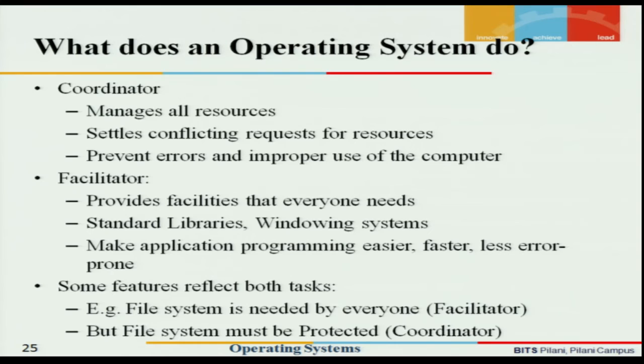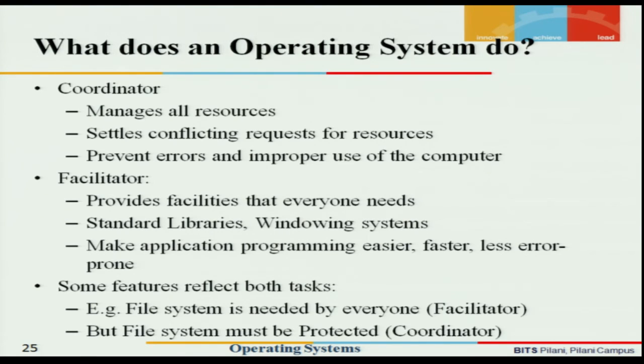Broadly, we can say the operating system acts as a coordinator, being one of its functions, where it manages all resources, settles conflicting requests for resources, and prevents error and improper use of a computer.